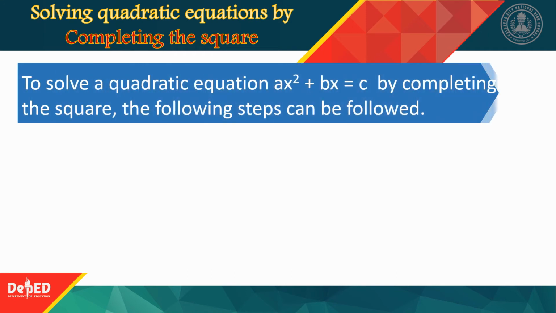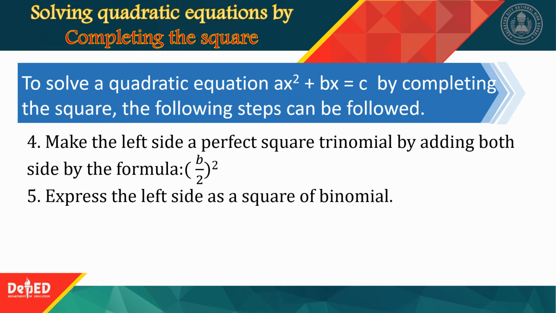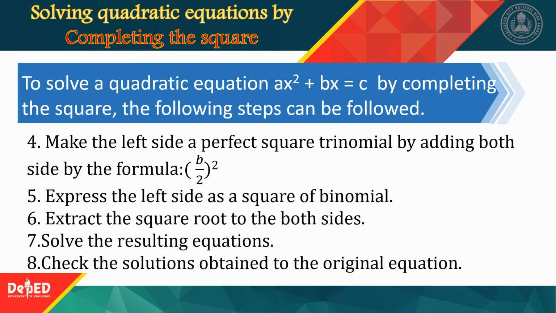Fourth, make the left side a perfect square trinomial by adding the quantity b over 2 squared to both sides. Fifth, express the left side as the square of a binomial. Sixth, extract the square root of both sides. Seventh, solve the resulting equations. Eighth, check the solutions obtained in the original equation.